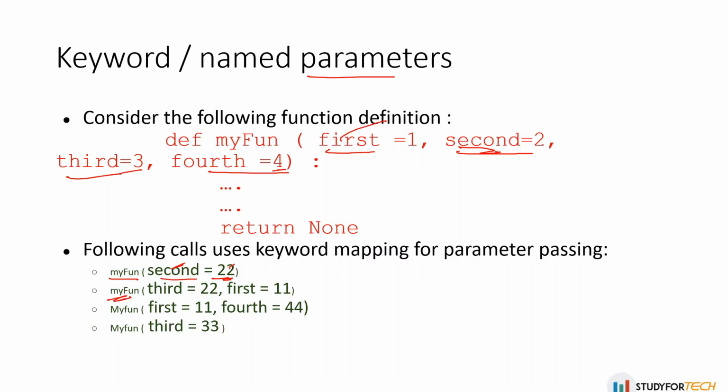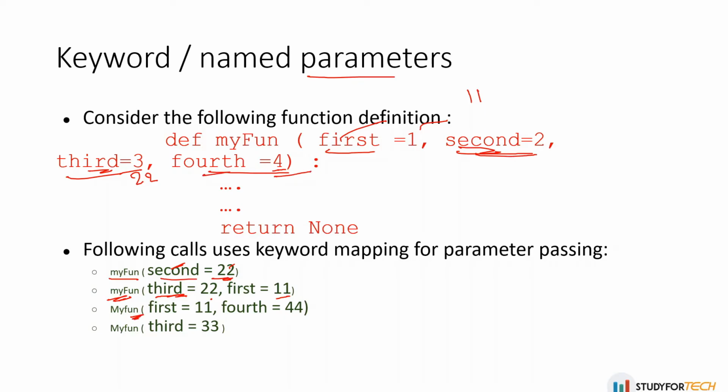Similarly in this function call, I am saying third will hold 22 and first will hold 11. Order does not matter here. You can pass in any order. So the third will hold 22 and the first will hold 11, and the remaining will hold default values: second will hold 2 and fourth will hold 4.